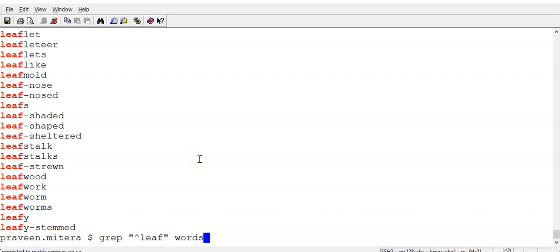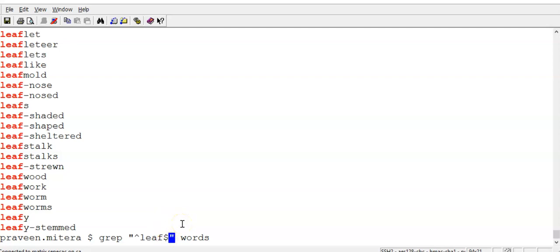What if I wanted to have both those restrictions? So I want to say it should begin with the leaf, so I have a caret here, but I also want to say that I need to end with the leaf, so I put the $ sign here. So really what I'm saying is that on that line, I should see start of line, leaf, end of line.